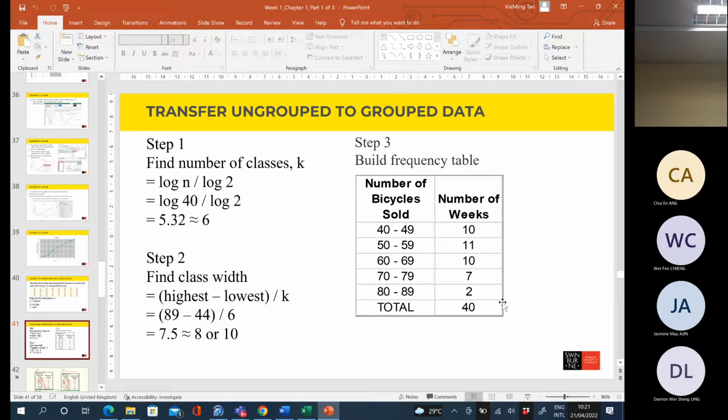Why? Because now you may find that there is a gap between the upper value of the first class and the lower value of the second class. The gap is 49.1 until 49.9. So that one will be for your project 2. In project 2 you need to adjust.